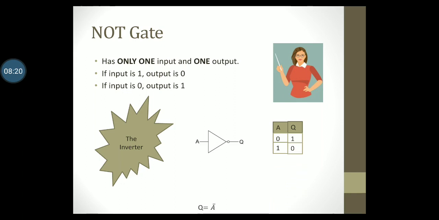The logic equation of the NOT gate in terms of its input and output is Q is equal to A bar. Notice that the bar covers the letter A. Some textbooks use a different notation, that is Q is equal to A dash.